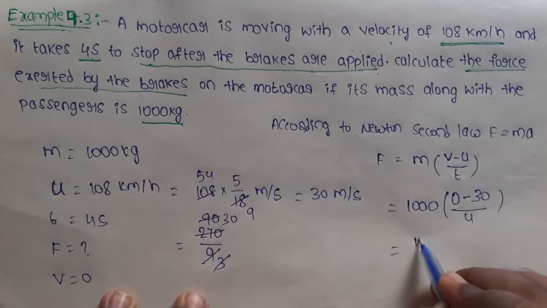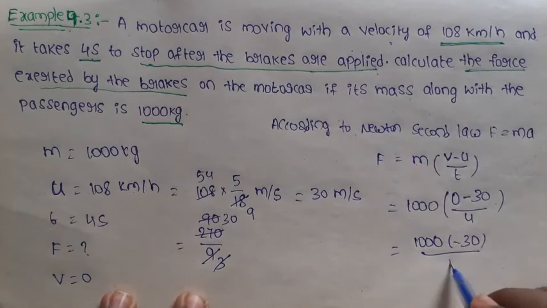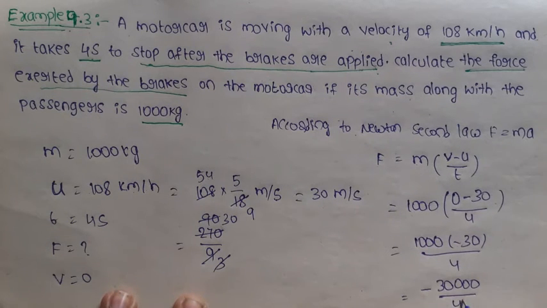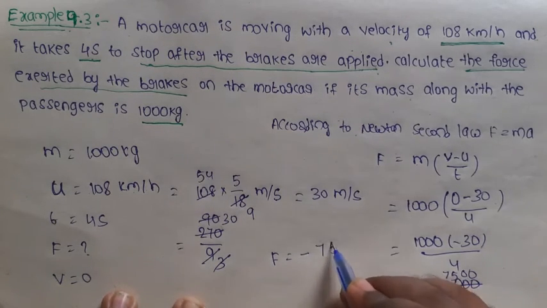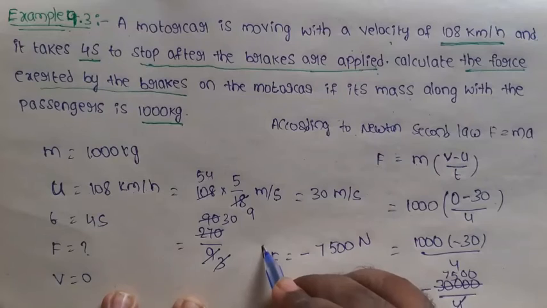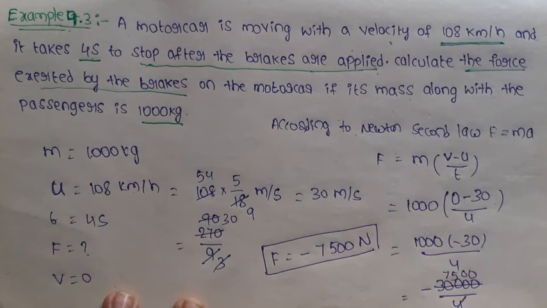So 1000 into minus 30 by 4. So here minus 30,000 by 4. How many times gets cancelled? 4 7s are 28, 4 5s are 20, 0 0. So here force is minus 7500 Newton.